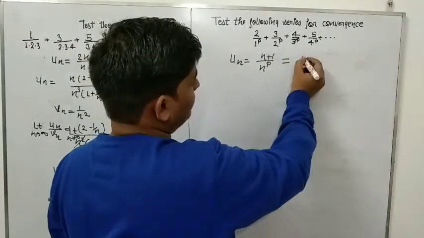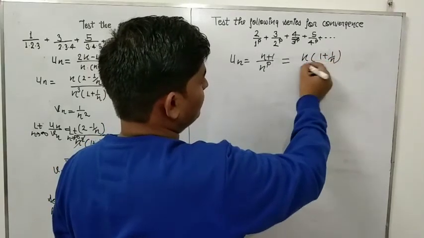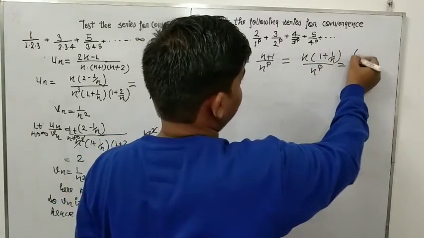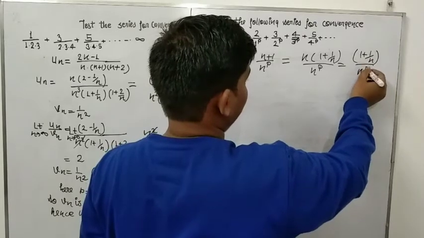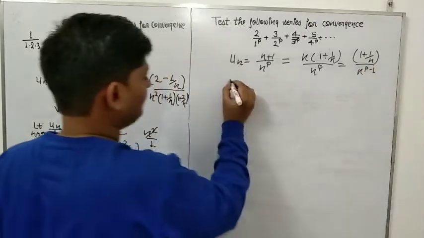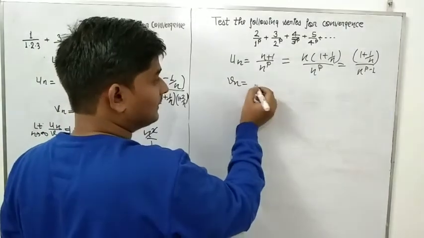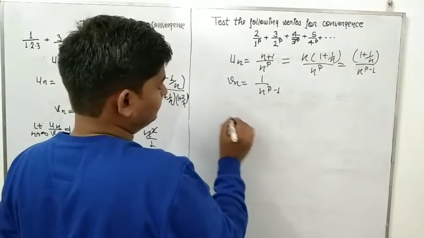Take the common factor n in the numerator. So this is n(1 plus 1 by n) upon n to the power p, which is nothing but (1 plus 1 by n) upon n to the power p minus 1. So we take Vn equal to 1 upon n to the power p minus 1.